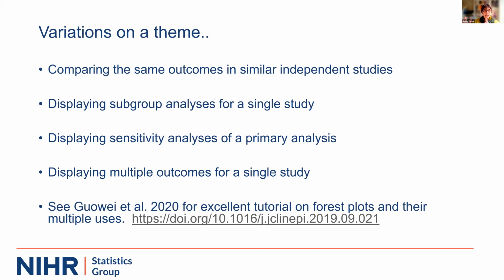If you organize the outcomes so you're clear which is a beneficial result and which is a poorer result, you can present multiple outcomes on a forest plot too, although the scale won't necessarily mean the same thing. And there's a very nice article in the Journal of Clinical Epidemiology that shows a lot of really nice uses of forest plots.